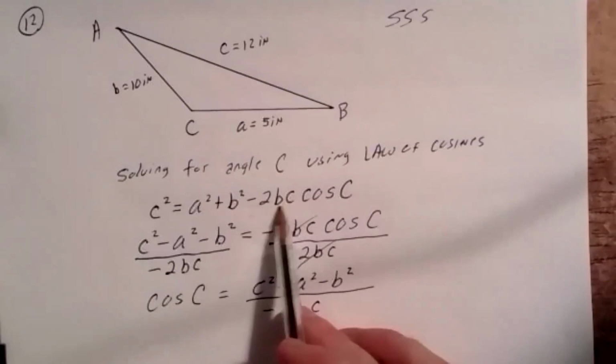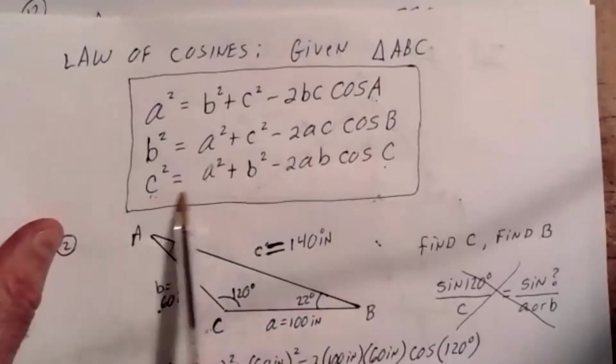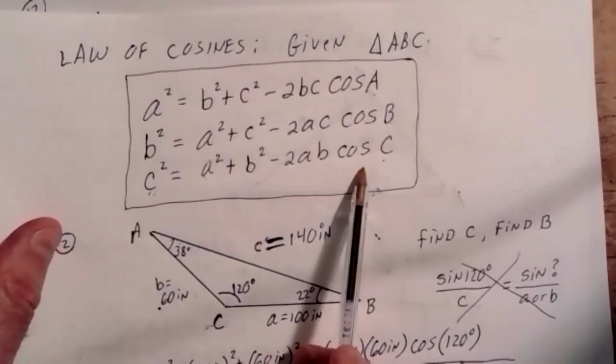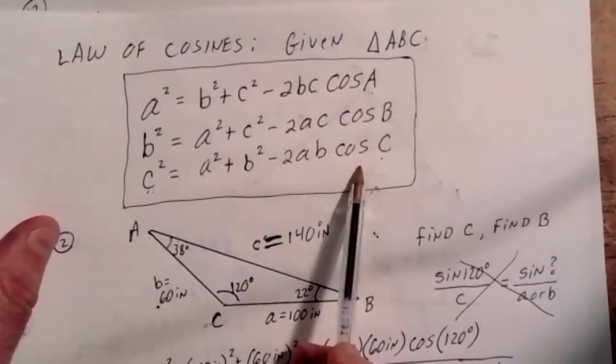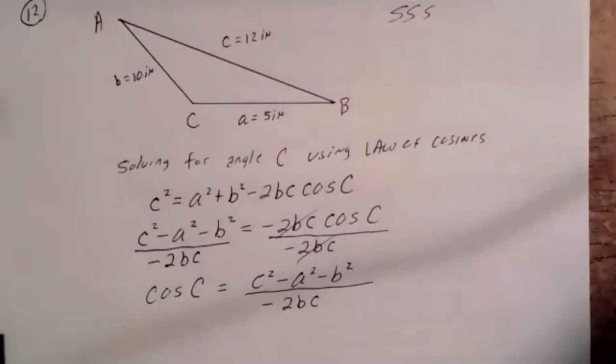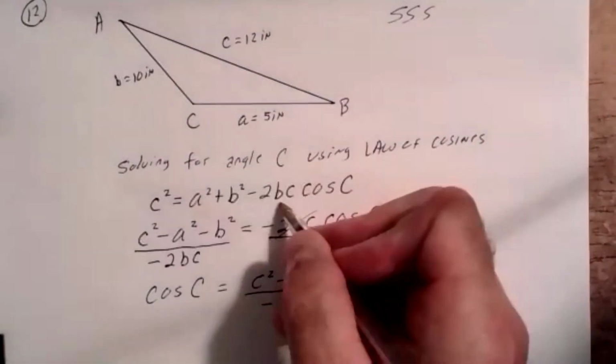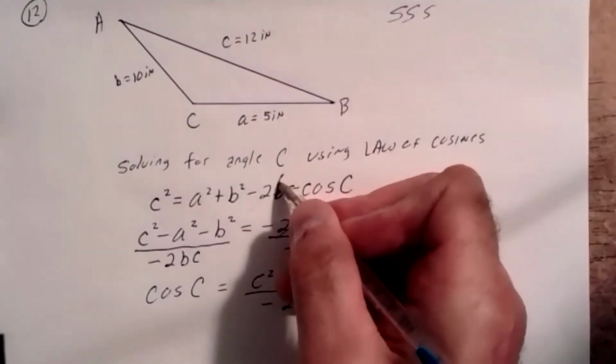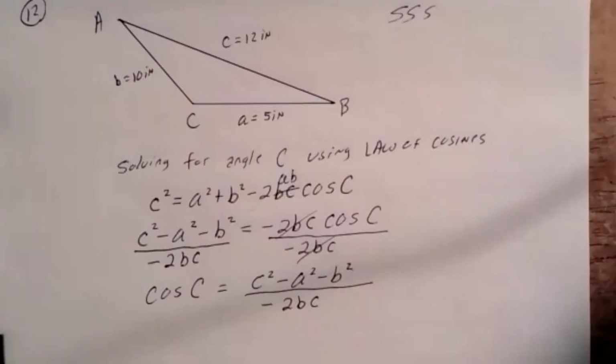Right here, this is not right. This is the one we're trying to tap into. It should be minus 2 times AB. That's not correct. This should be AB. So no good.